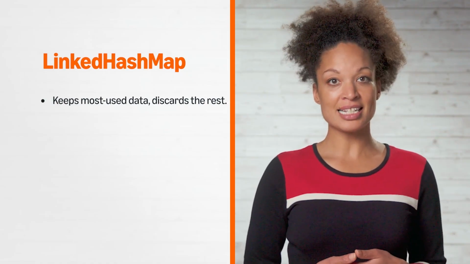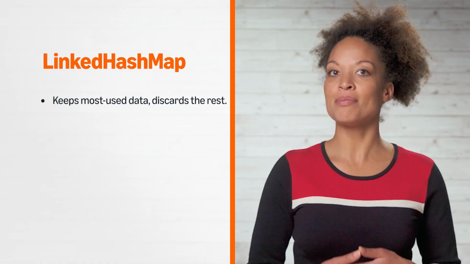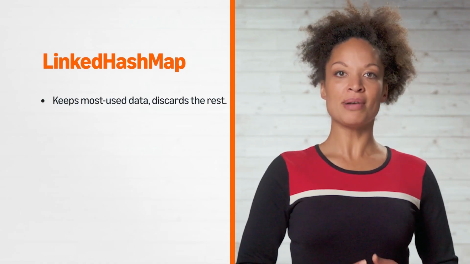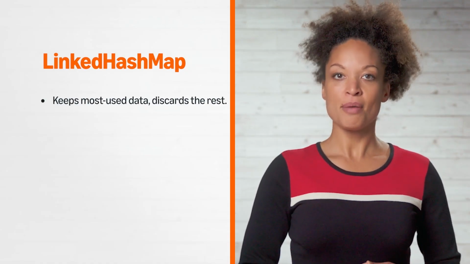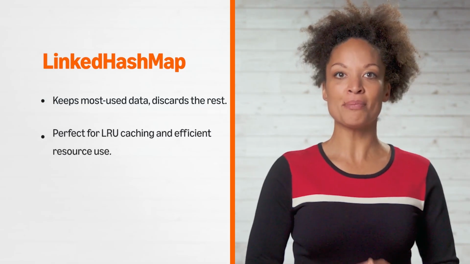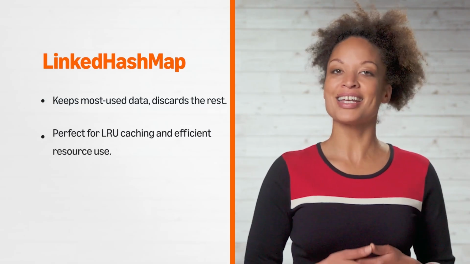By extending the LinkedHashMap and overriding key methods, you can efficiently manage memory and performance, making this approach ideal for implementing caching mechanisms like LRU caches. Whether managing a registration system or large datasets, an access order LinkedHashMap ensures crucial data is always accessible. This maximizes the efficiency and performance of any application you're working on.